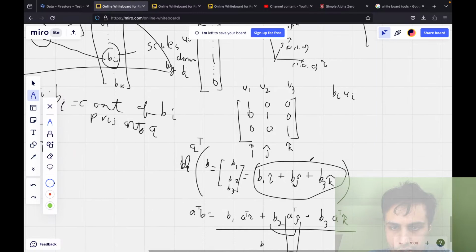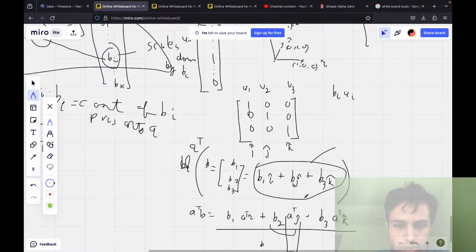Like this relationship for b, expanding b in terms of this, you can do that for a too. Just as we wrote b is b1 i hat plus b2 j hat plus b3 k hat, you can also write a equals a1 i hat plus a2 j hat plus a3 k hat.